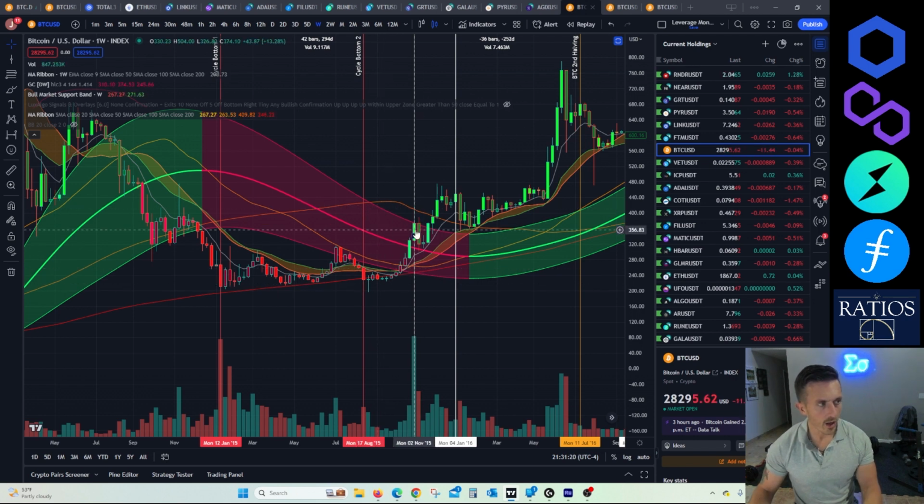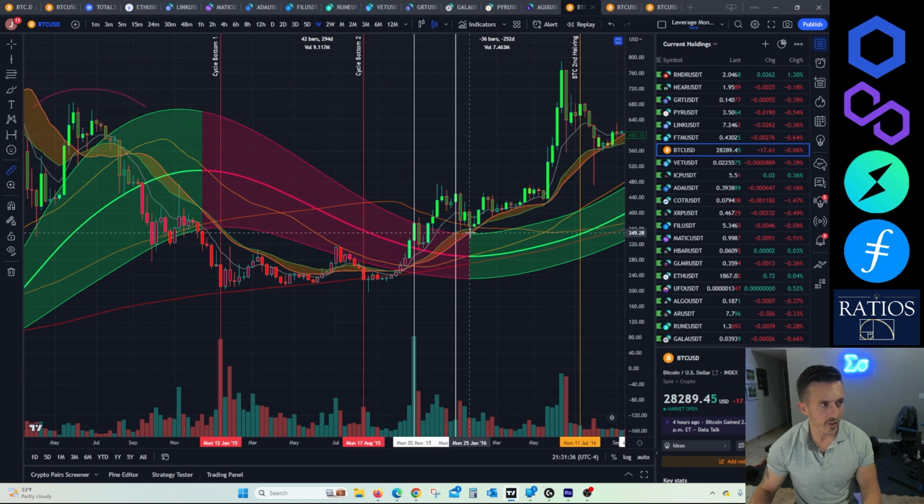Price rocketed up to the top of the Gaussian channel here around $375. It bounced back down to the middle of the Gaussian channel here at $300, bounced off the 9 EMA and rocketed up past the Gaussian channel and retested it.